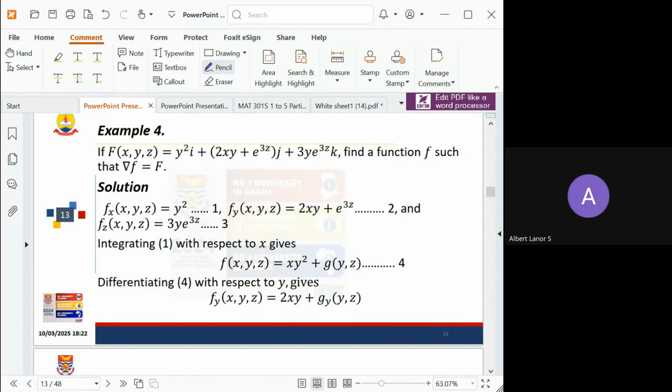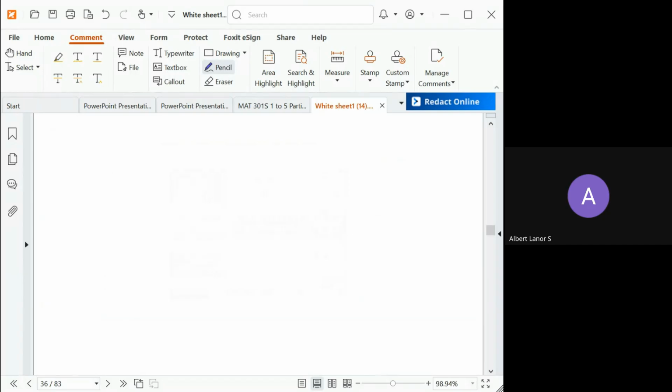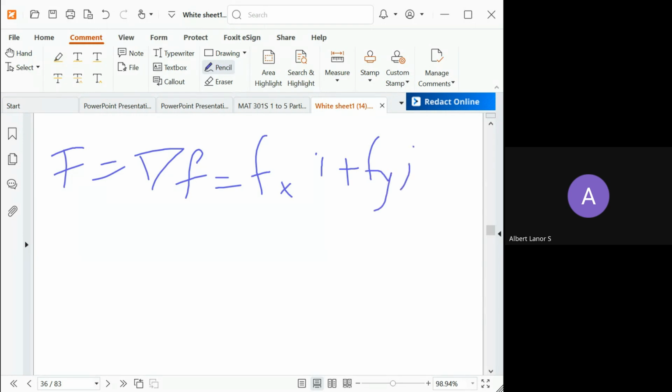Now, find a function f such that the gradient of f is equal to F. Okay. Now, F is this one. So let's start first with the y squared. If we want a function f that should be equal to the gradient of F, you know that whatever you have there should be like this, f_x i plus f_y j plus f_z k.